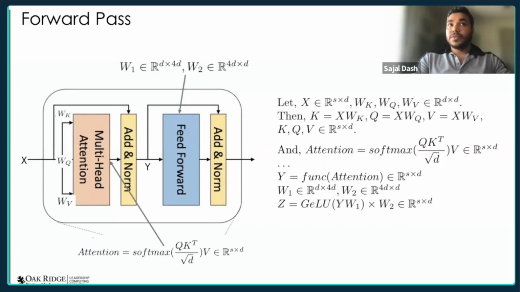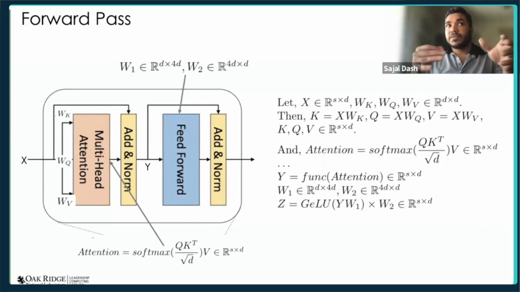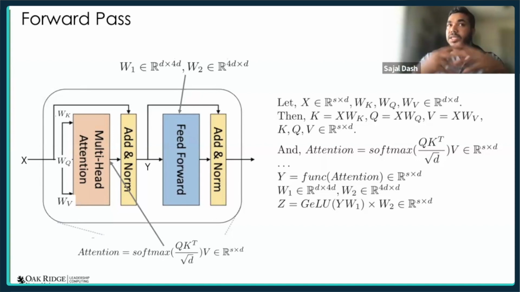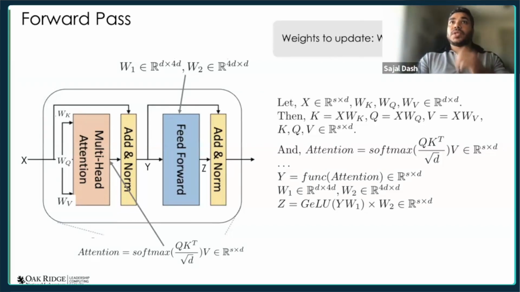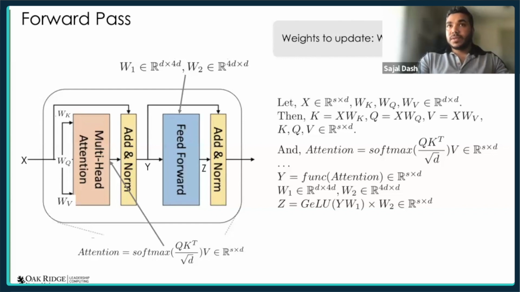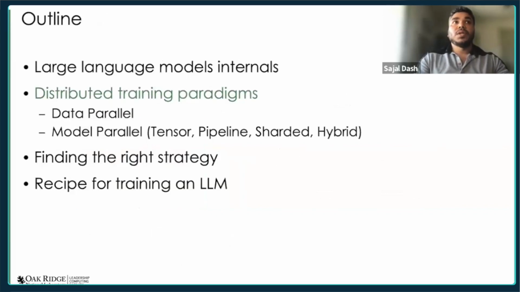And then you have a feed-forward network, which has two layers. The first one is a D by 4D weight matrix. The second one is 4D by D. As you can see, it's like a regular artificial neural network, but here you have this bunch of weight matrices that you have to run through in the forward pass and in the backward pass. So the weights to update are these five matrices, at least for the vanilla transformer.